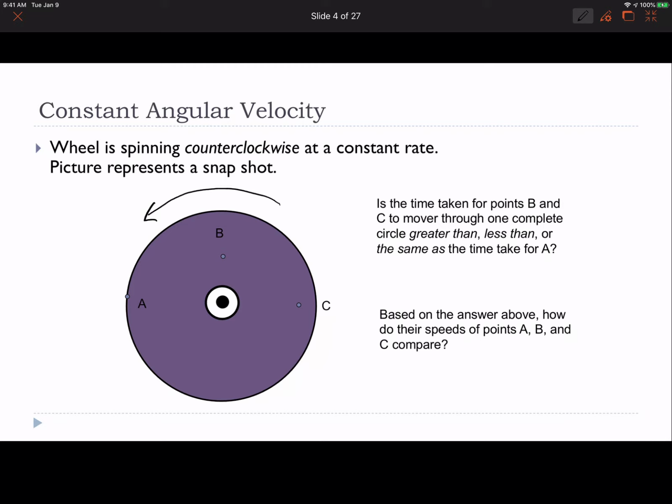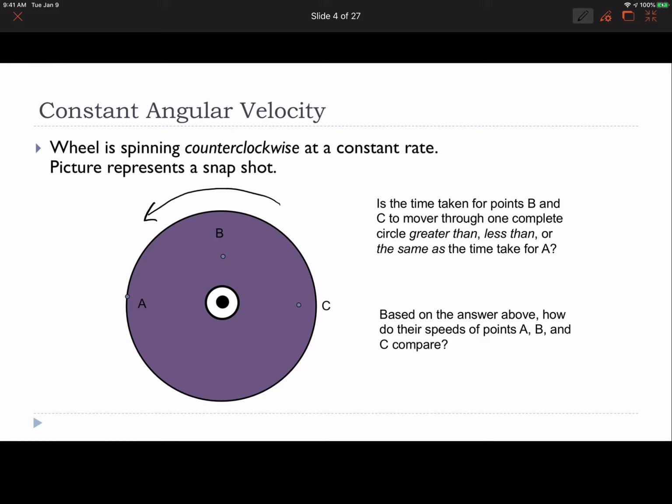And so we could ask a couple of different questions. Is the time taken for points B and C to move through one complete circle greater than, less than, or the same as the time that it takes for point A to go through one complete circle?